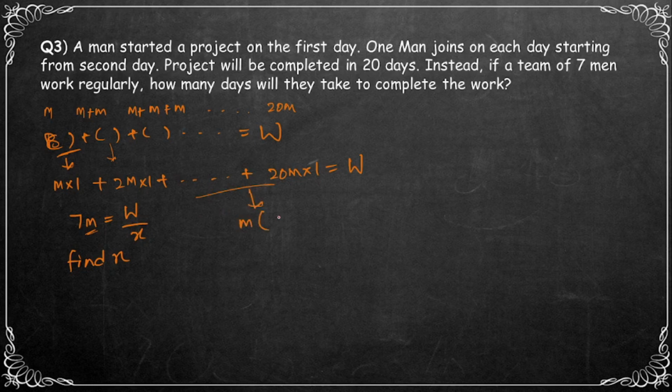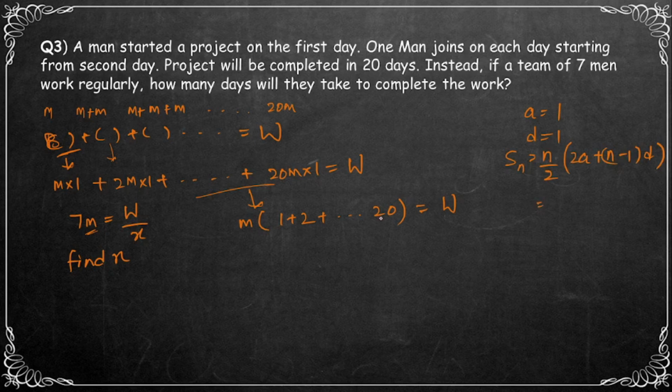If we take M common from all of these terms, we have 1 plus 2 plus until 20 is equal to W. So this is nothing but an arithmetic series where a, the starting term, is 1 and the difference is 1. So sum of n terms for an AP series is n by 2 into 2a plus n minus 1 into d.